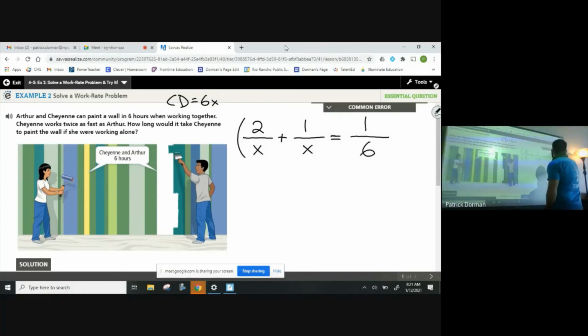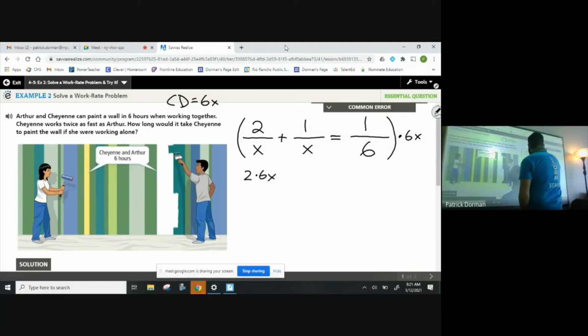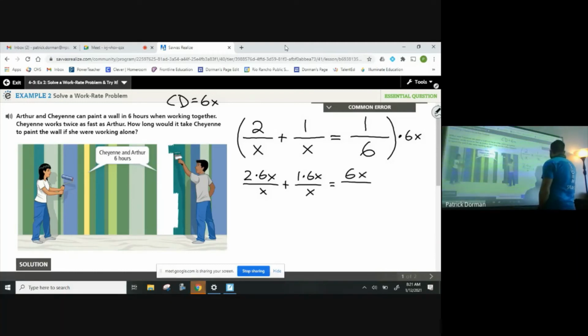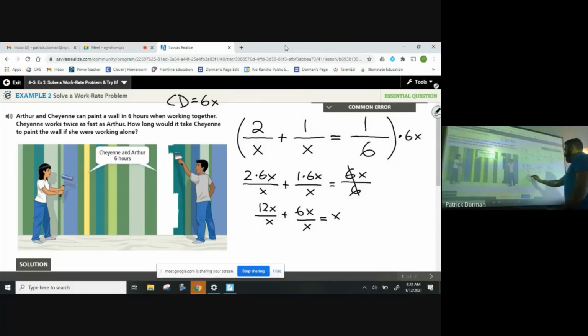I'm going to multiply both sides by 6x. Or everything by 6x. So we'll wind up with 2 times 6x over x plus 1 times 6x over x plus 6x over 6. We'll just simplify this thing and solve. So we wind up with 12x over x when we multiply, just taking it step by step here. And in this case, the 6's are going to cancel, right? So 6 over 6 is 1. So there's that. Those are going to cancel as well.